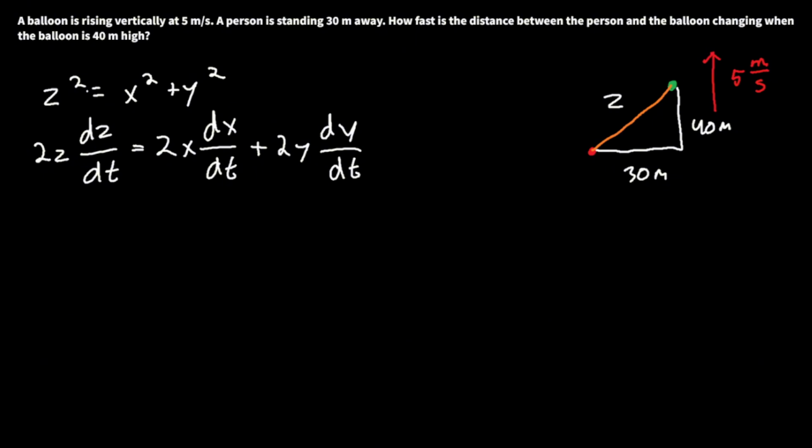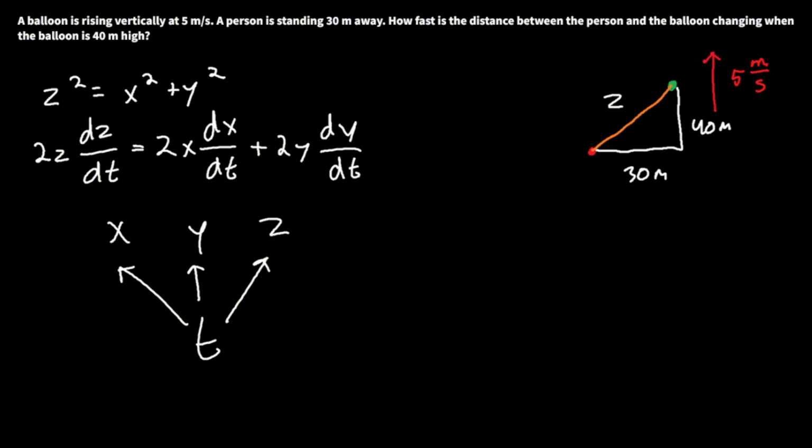Now you might be wondering, why am I multiplying 2z by dz over dt? What are these symbols for? Well, if you know what implicit differentiation is, then this is sort of second nature to you. But if you don't, I'll do a slightly quick recap, but I highly recommend you learn implicit differentiation before you learn related rates. Since all of these variables, x, y, and z, are dependent on t, and t is time, t tells us what our x, y, and z values are going to be, right?